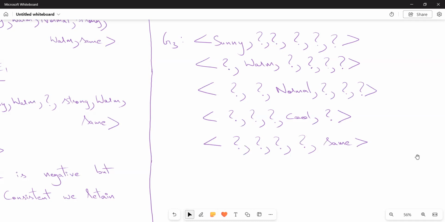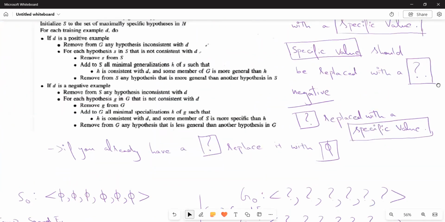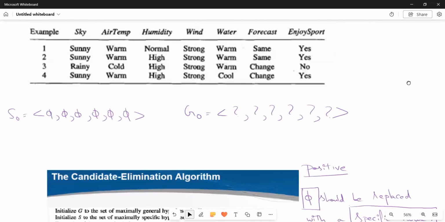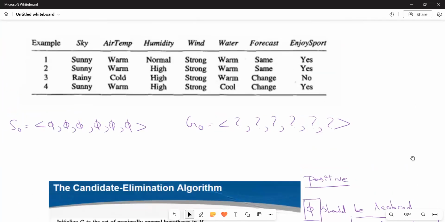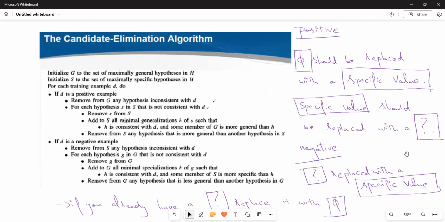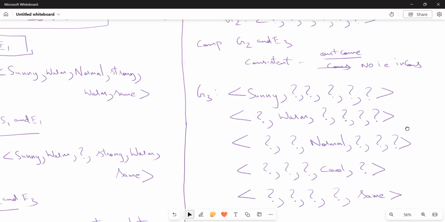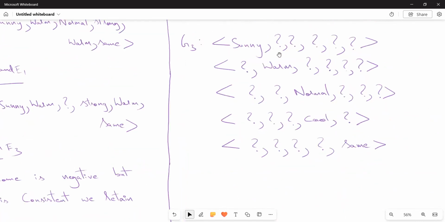We will have to compare Sunny with E1, E2, E3, and the same way we are going to compare all the attributes. We compare sunny, warm, normal.